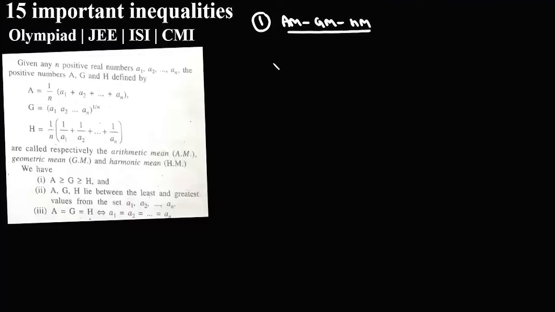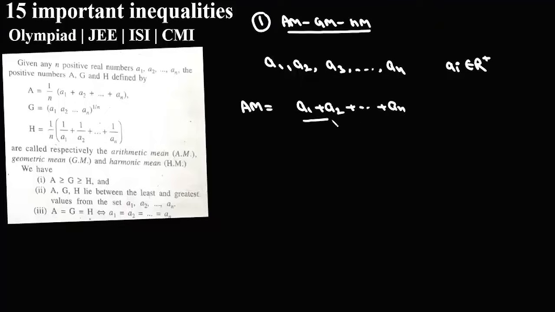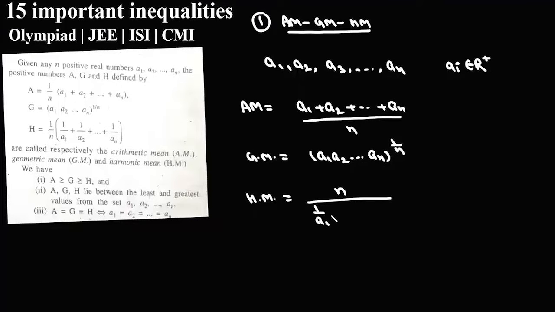If we have n positive real numbers a1, a2, a3 up to an, where each of these numbers they are positive real numbers, then we can define their arithmetic mean as their sum (a1 plus a2 up to an) whole divided by n, their geometric mean as their product (a1 a2 an) to the power 1 by n, and their harmonic mean as n upon (1 upon a1 plus 1 upon a2 up to 1 upon an).